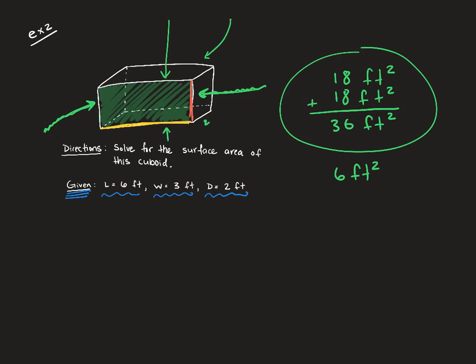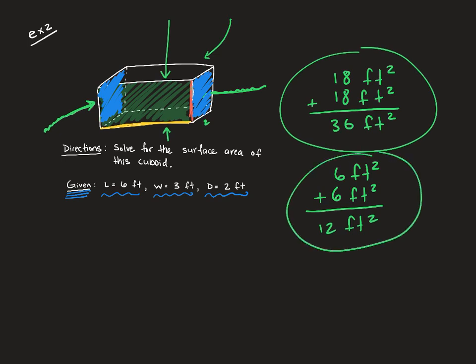Remember, what we're doing is getting the area of this face here. But there's that side, and then there's this side that's here. So it's going to be 6 plus 6, which gives us 12 feet squared.